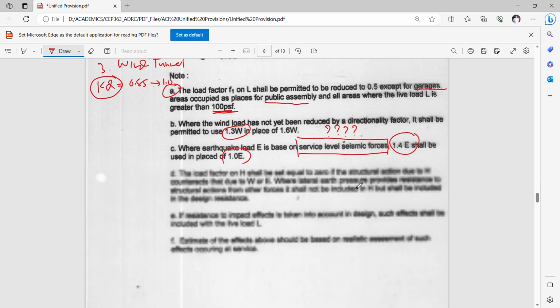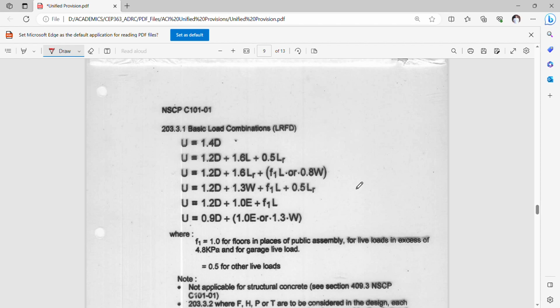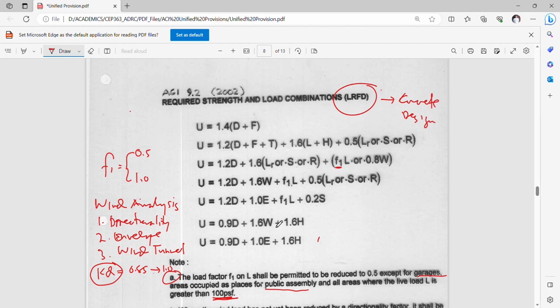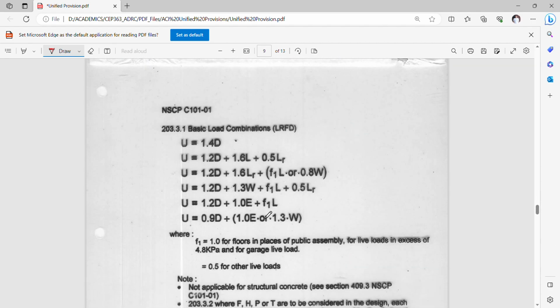So basically they are the same, except for this 1.6W, which is missing here. 1.6 is not here because again we are considering that directionality is already applied, so if KD is already applied, okay.